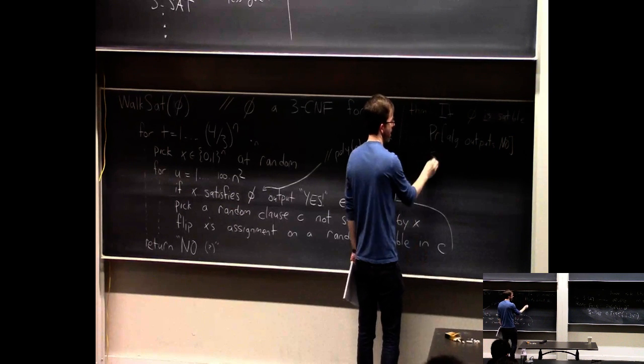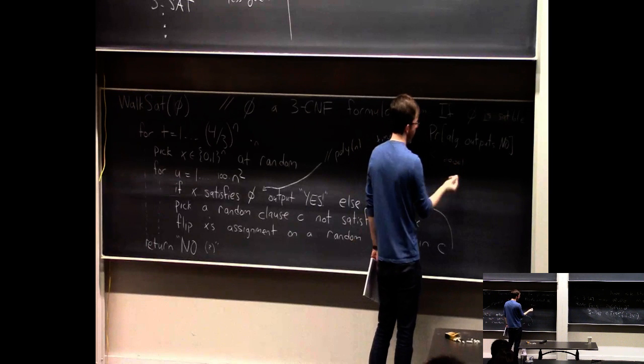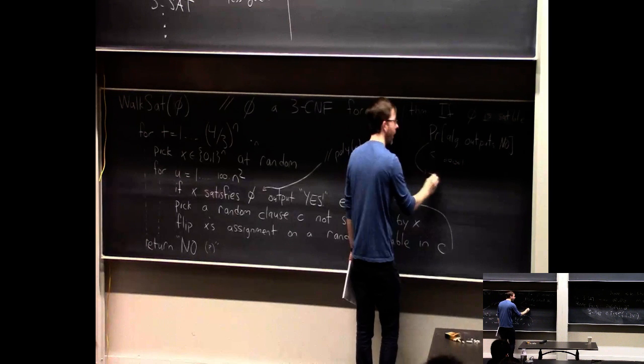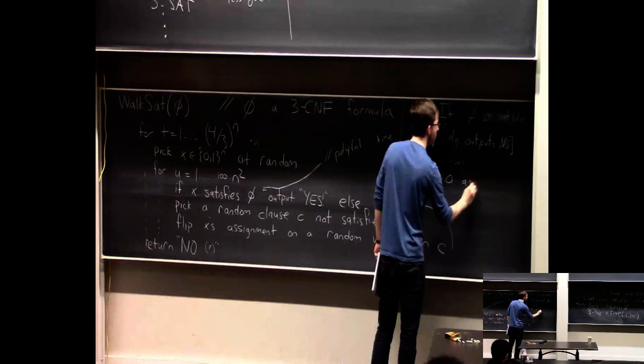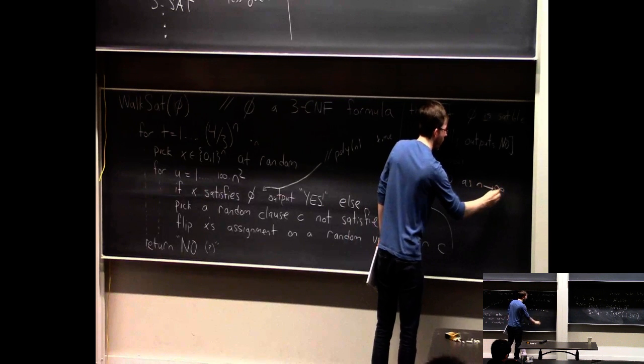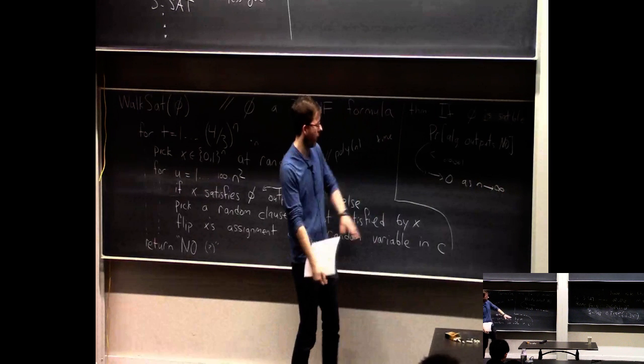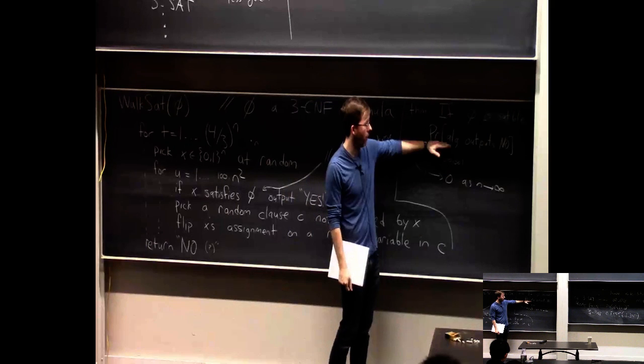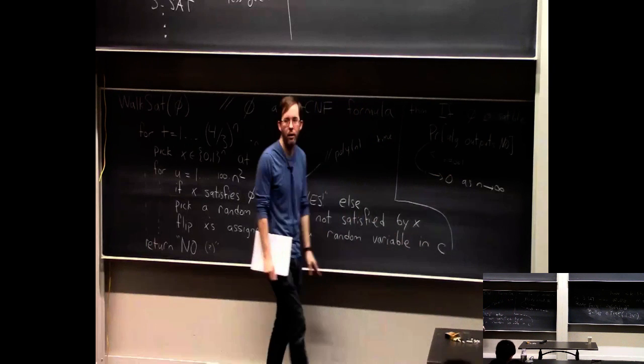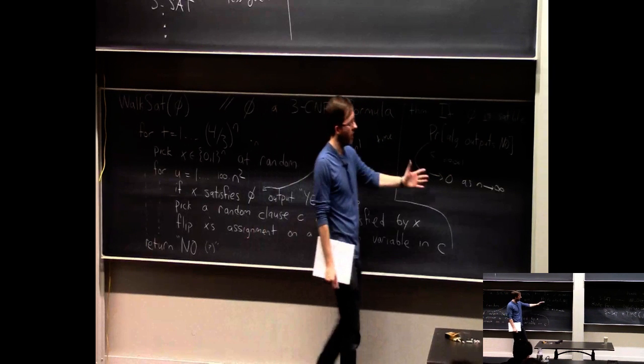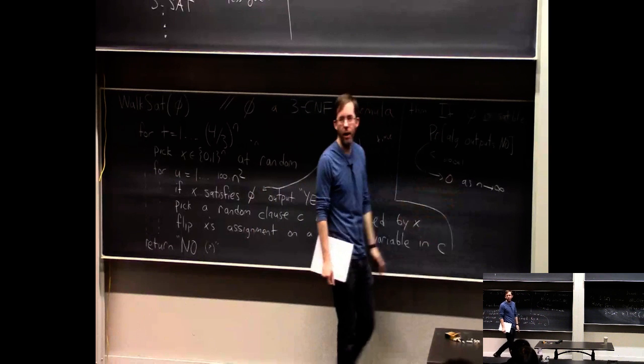I could write less than 0.00001, but in fact, it's even smaller. It goes to 0 as n goes to infinity. I didn't actually look up what this is. In fact, you can probably make the probability of error exponentially small as a function of n. But let me just say you can make it smaller than any prescribed amount.